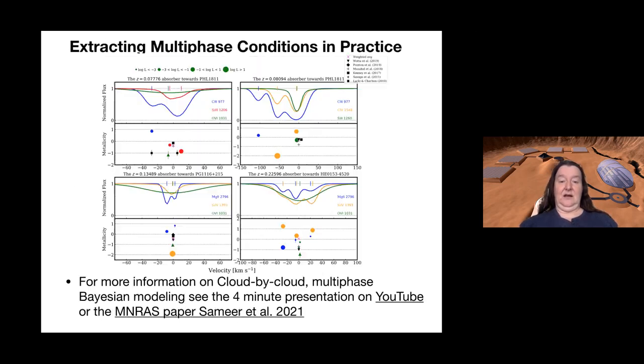And so here are some quick results from his paper, but I direct you to his 4-minute presentation on the YouTube channel, or his paper in Monthly Notices that's already available there, that you can see the variation in metallicity of different clouds across these 4 different absorbers, and how much more there is to see with metallicity compared to averages that can be determined just by a single column density.